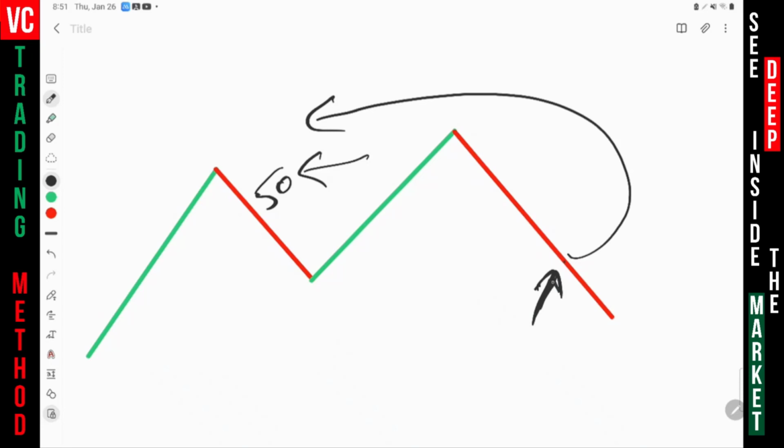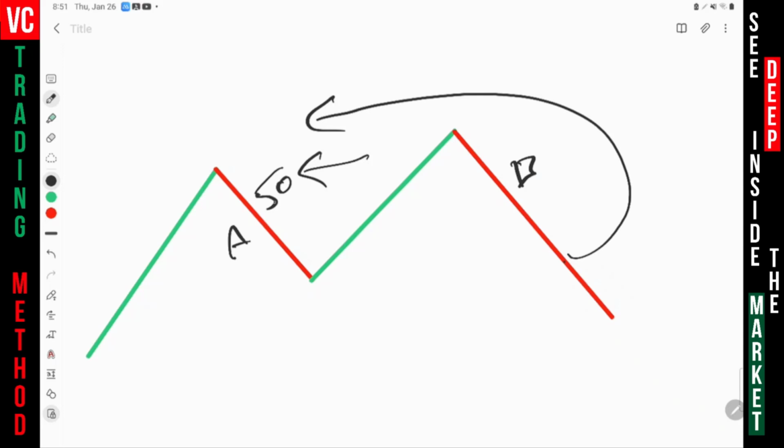Let this wave be A and this be B. Can we say that wave B is almost 50% more than wave A? Are you agree with it? Yes.